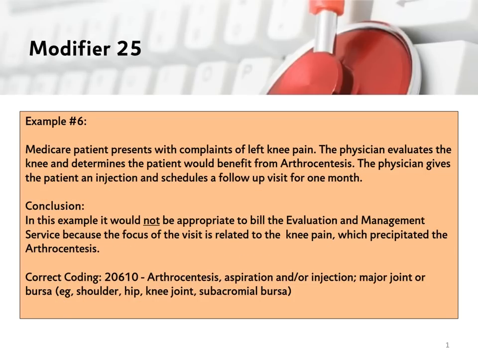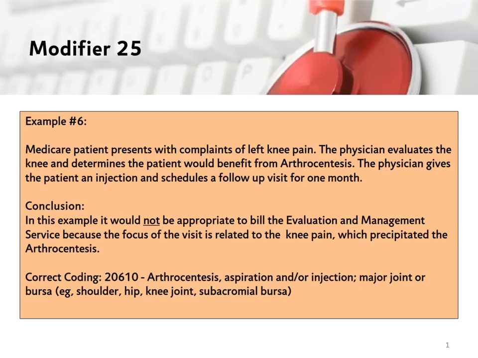Now we have another example of modifier 25. Example 6. The Medicare patient presents with complaints of left knee pain. The physician evaluates the knee and determines that the patient would benefit from the arthrocentesis. The physician gives the patient an injection and schedules the patient for a follow-up visit in 1 month.